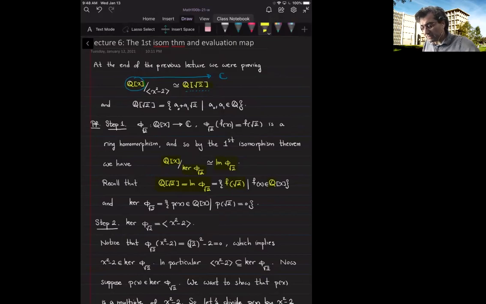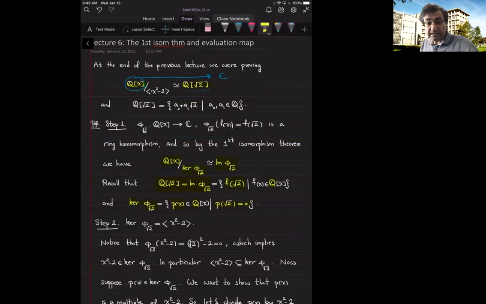Again, we have already discussed and we can do it again. The point is that a polynomial belongs to the kernel of the evaluation map precisely when root 2 is a 0 of that polynomial. So the kernel of this ring homomorphism consists of those polynomials with rational coefficients that have root 2 as a 0.